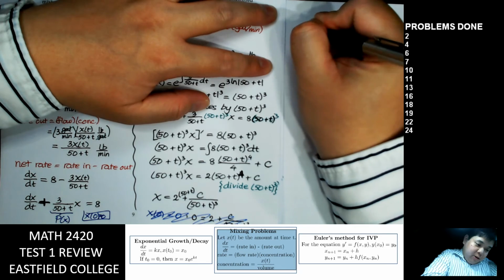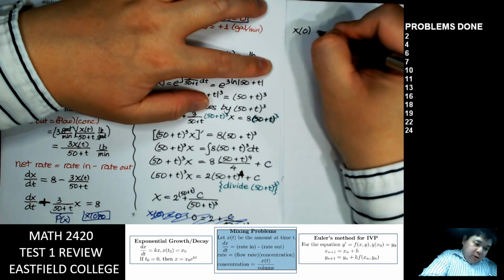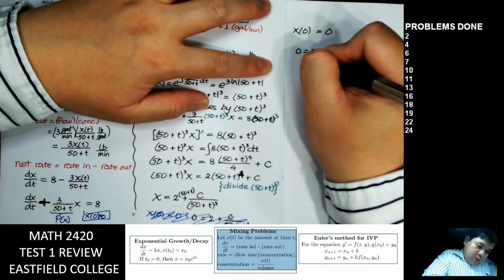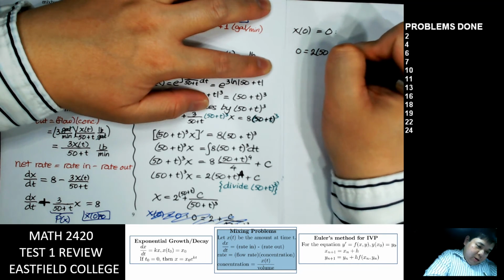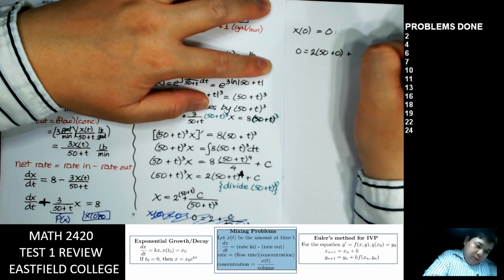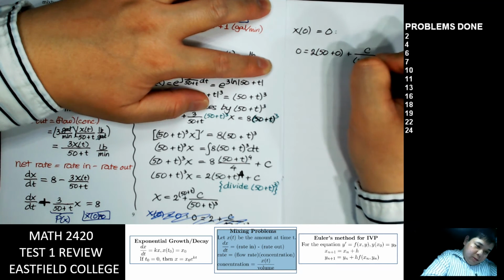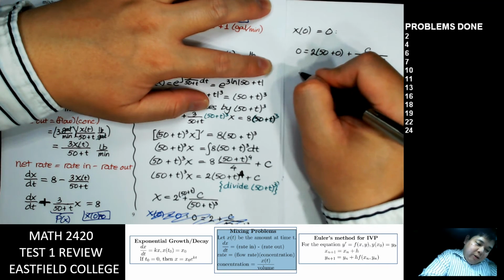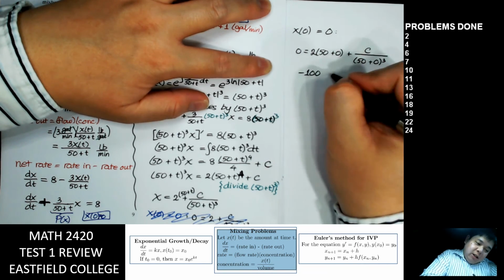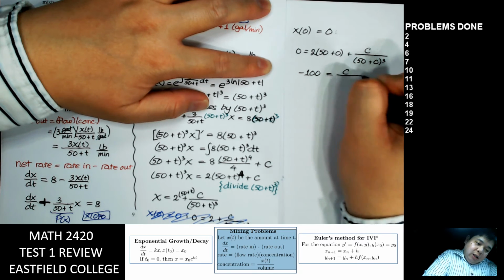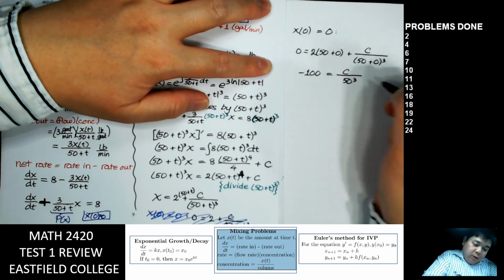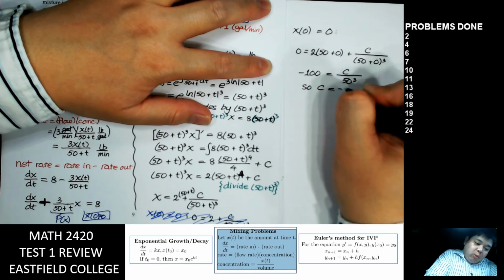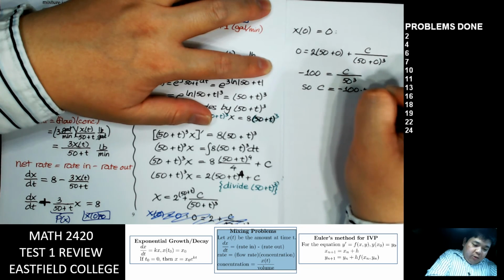So x of 0 equal to 0, meaning 0 equal to 2 times 50 plus 0, so we have negative 100 equal to c over 50 cubed. So c equal to negative 100 times 50 cubed.